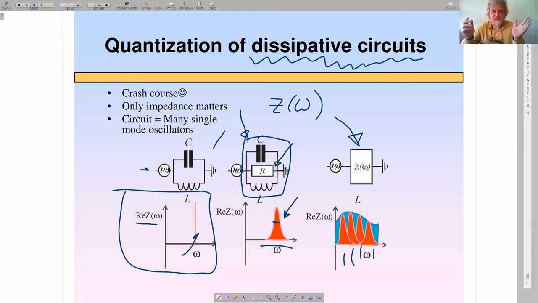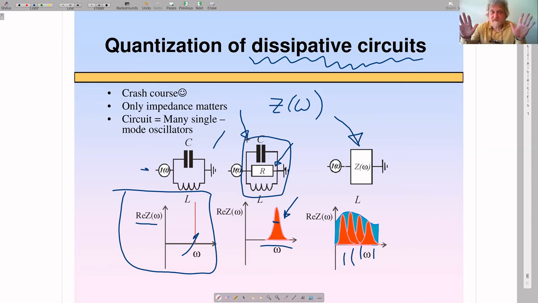But the message is that a dissipative circuit can be seen as a large set of single mode oscillators. And we can quantize an oscillator.